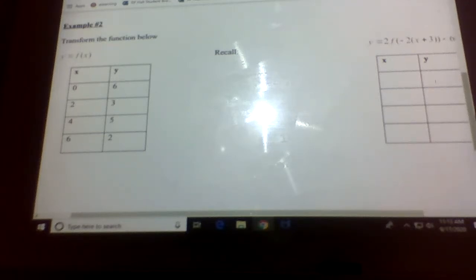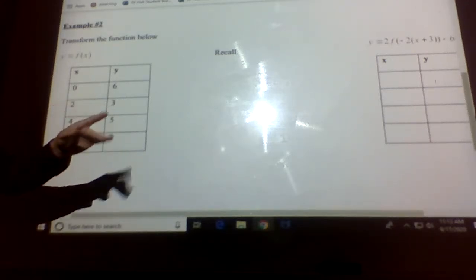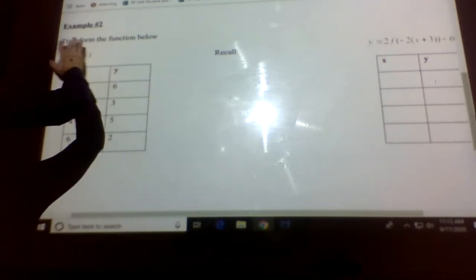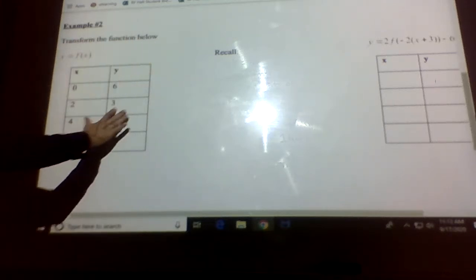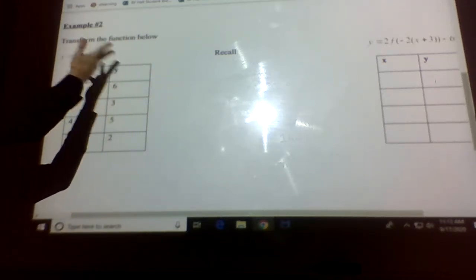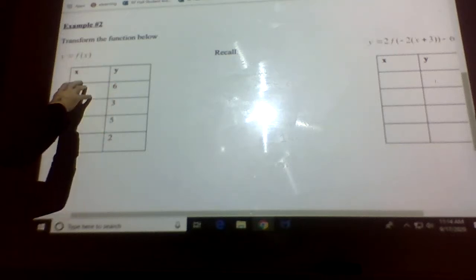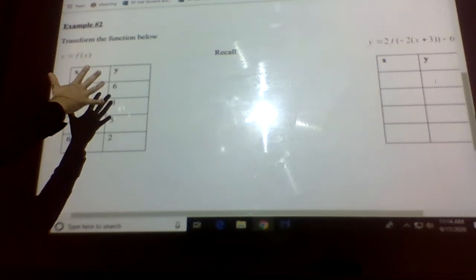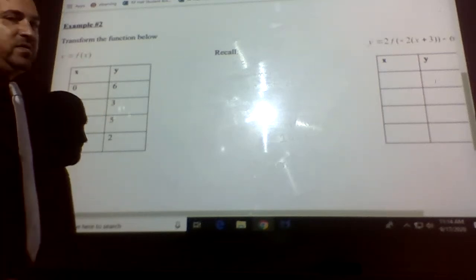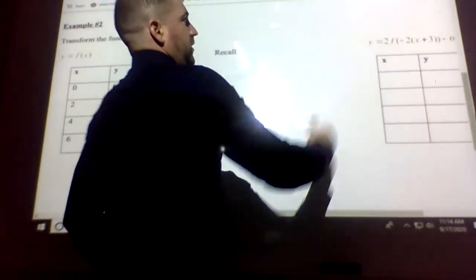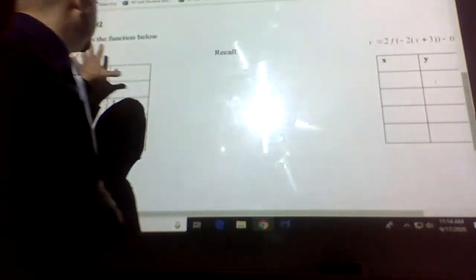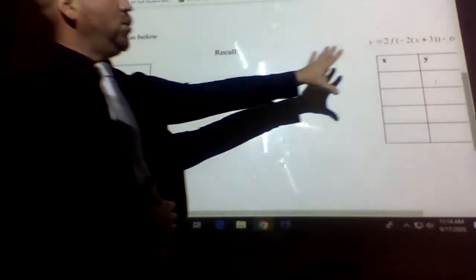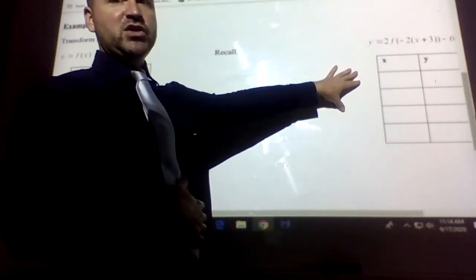It's going to get cut off here a little bit. Number 2, transform the function below. It gives us the original function. It doesn't give us any values, but these are the numbers. These are the x and y coordinates for this function here, whatever it is. We just made it up. Then over on the right side here, we took the original function and did a whole bunch of translations and transformations to it.